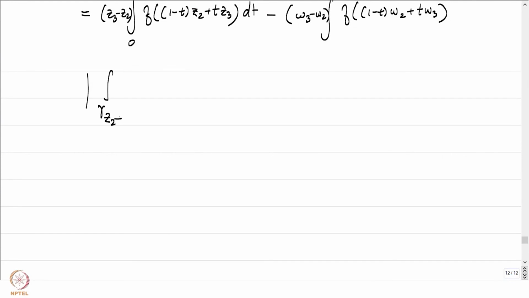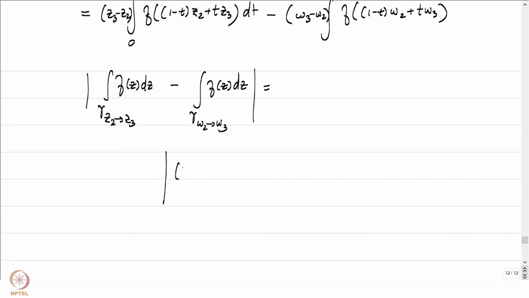integral over gamma from z2 to z3 of f of z dz minus integral over gamma from w2 to w3 of f of z dz. This is basically plus integral over gamma from w3 to w2 of f of z dz, which I am just writing this way. This is equal to the absolute value.